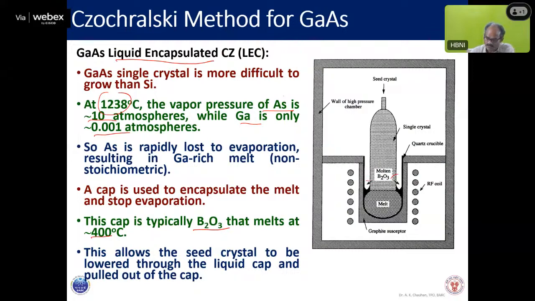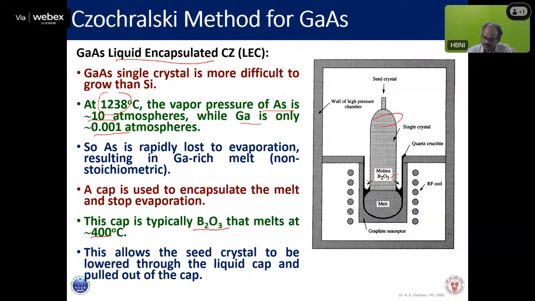Just like you have a layer of oil over water, in a similar way you have a layer of gallium arsenide melt under a very thick layer of boron oxide. Then you bring a seed of gallium arsenide which can go deeper below the boron oxide layer, and then it touches the melt surface, and then the process is the same.